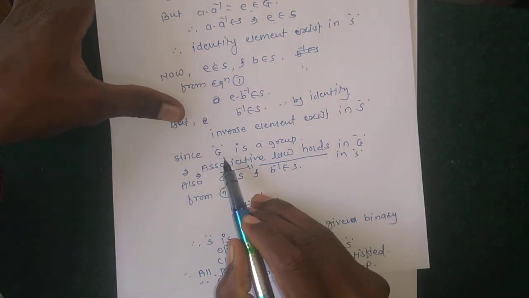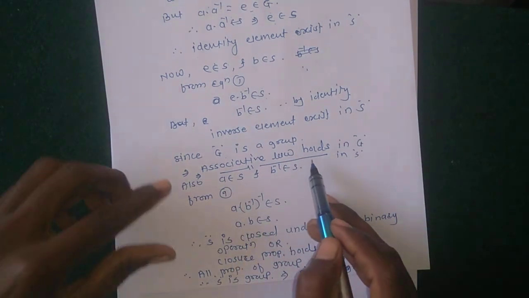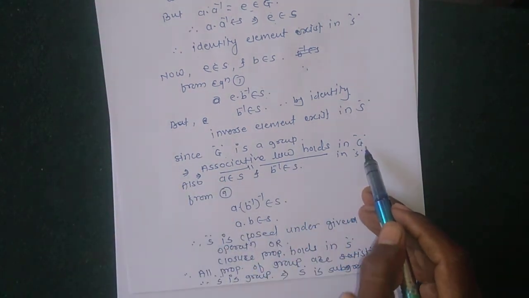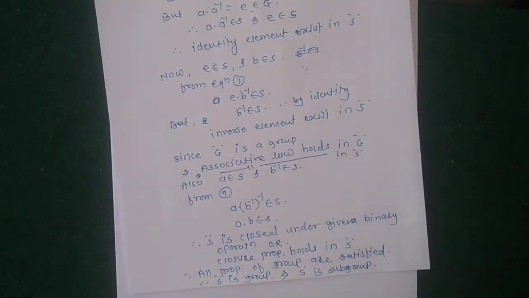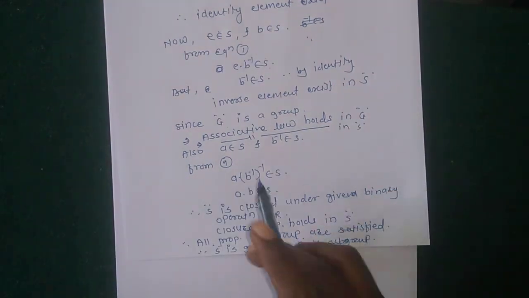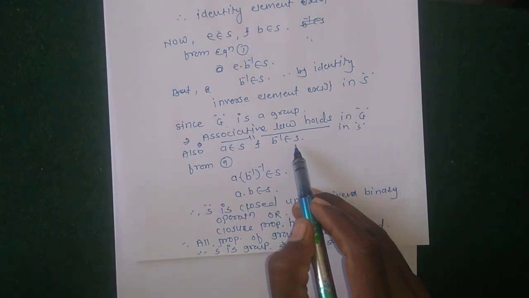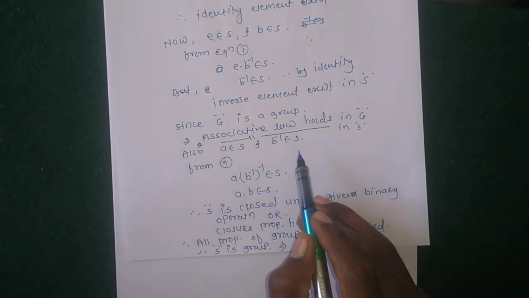In the previous theorem it was shown how the associative property holds in S. G is a group, so the associative law holds in G, but S is a subset of G, so any elements of S also satisfy the associative property. Then next, the closure property: for A belonging to S and B inverse belonging to S, the inverse of B inverse is B itself.